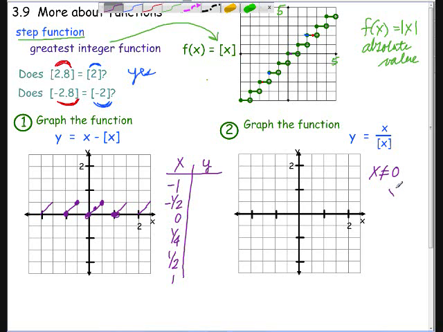What else do I have to say? It has to be either greater than or equal to 1 and less than 0, right? There is that gap, and let's show it right here.